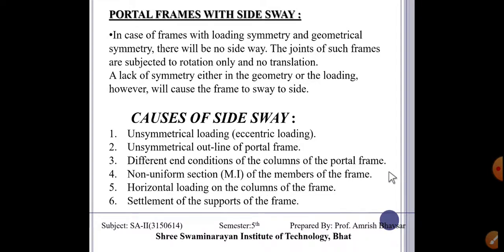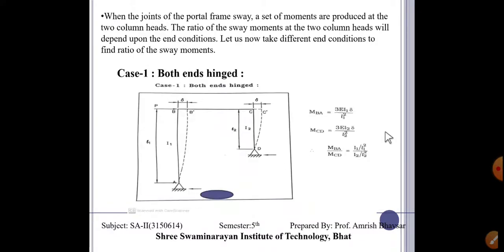Non-uniform section, I and 2EI, it is different, then it is a sway. Horizontal loading on a column: even if everything is symmetrical, but horizontal loading is there, it causes side sway. Settlement of support: if one of the columns settles down, then it causes side sway. So this kind of sway is generated in our frame.